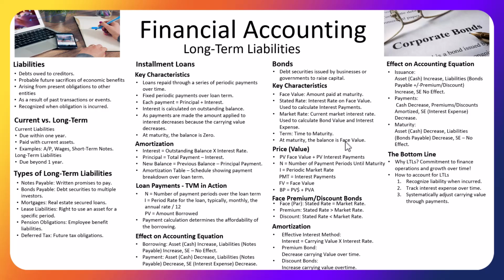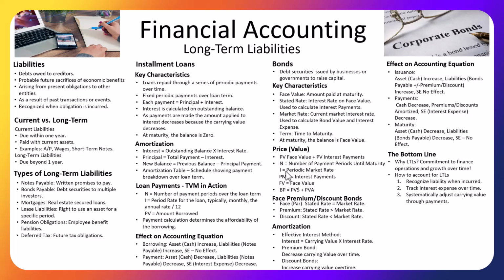When it comes to pricing the bond, we rely totally on time value of money calculations. We're going to calculate the present value of the face value as well as the present value of all of the cash payments. The N is the number of cash payment periods that are made until the bond matures.